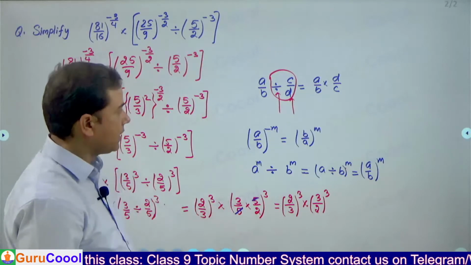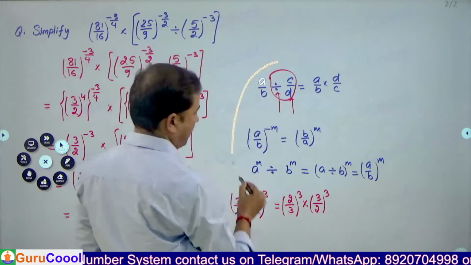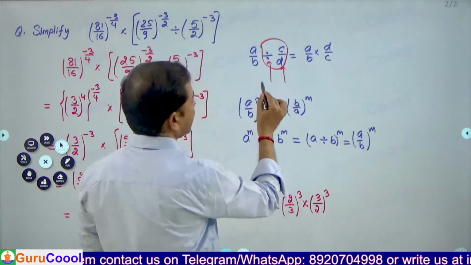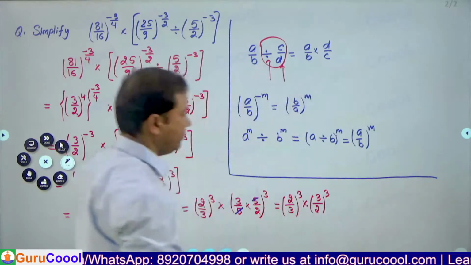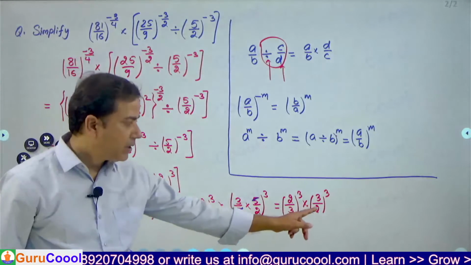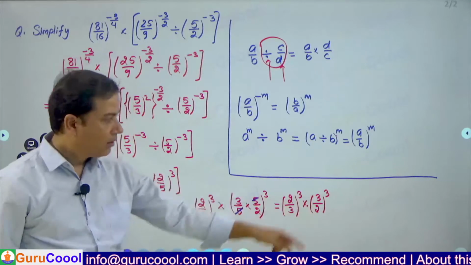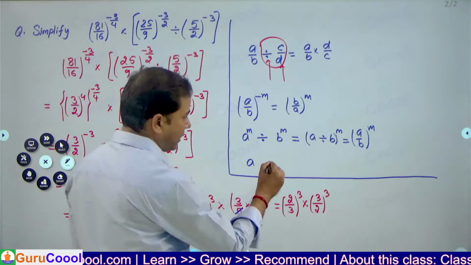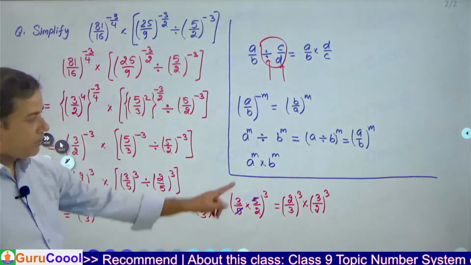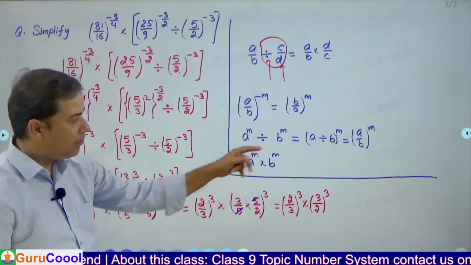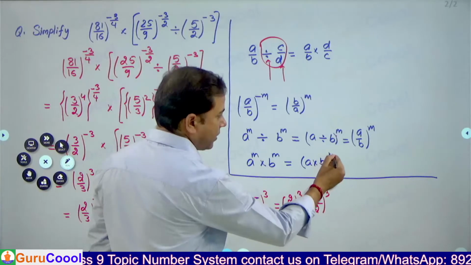Now how does it look? Different bases, same powers, and multiply sign between them. So simply multiply the bases and write the power only once.